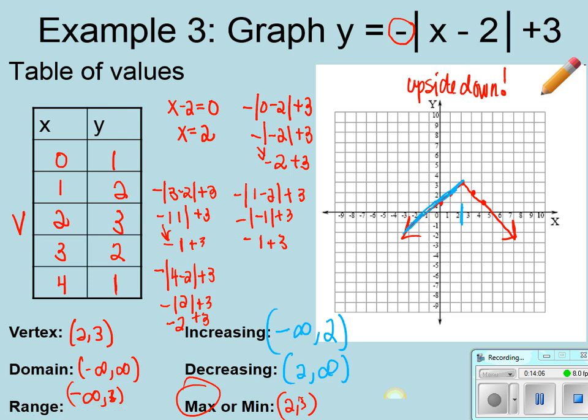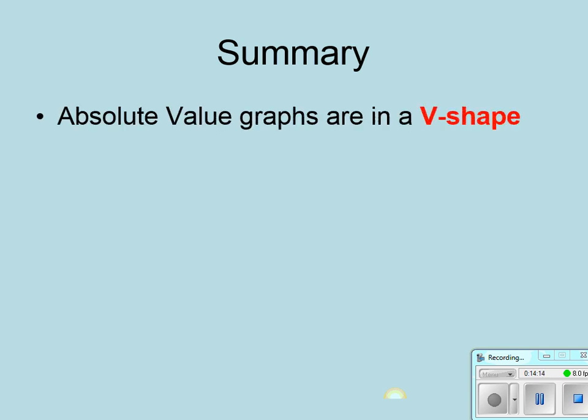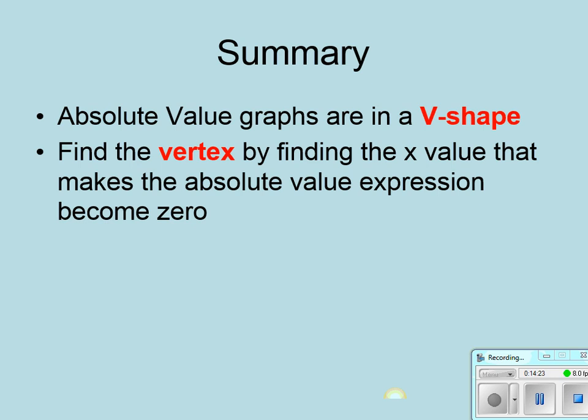All right, those are my 3 examples. I just want to do a quick summary. I would write this down in your notes as well. So absolute value graphs are V-shaped. If you don't get a V, you didn't graph the absolute value right. You find the vertex by setting what's inside the absolute value expression equal to 0.